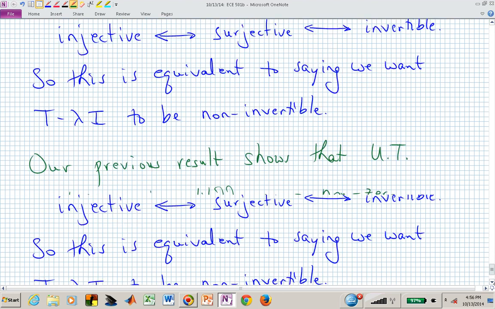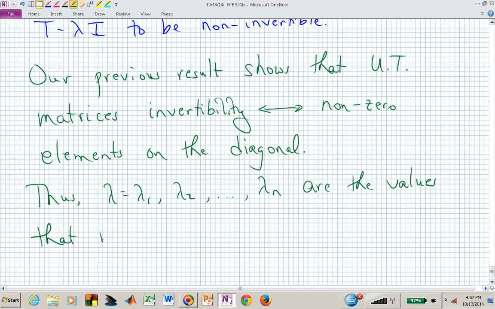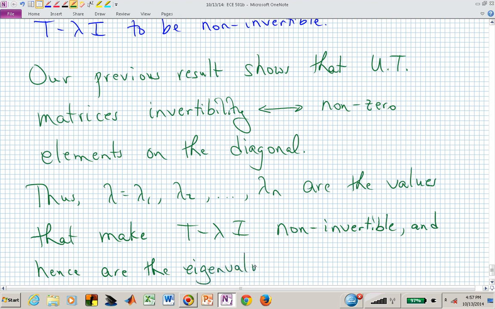These are in fact the values that make T minus lambda I non-invertible, and hence are the eigenvalues of T. And we were trying to show that if we have an upper triangular matrix on the appropriate basis, then the eigenvalues are on that diagonal of the upper triangular matrix. And that's what we've now shown.